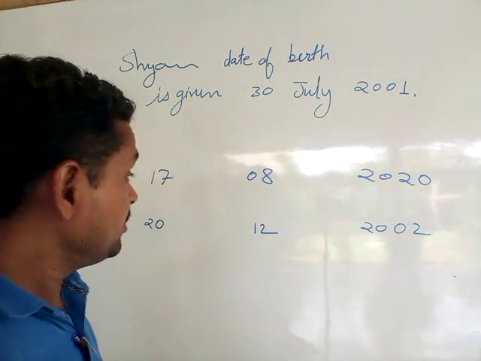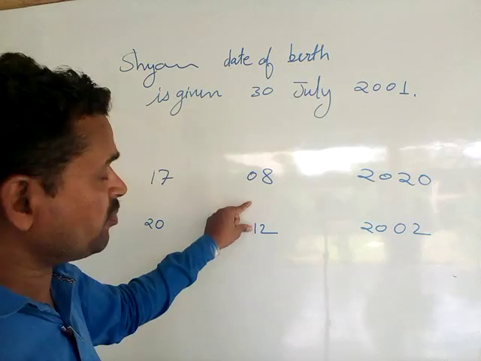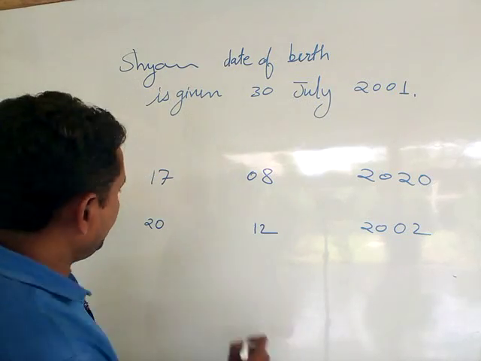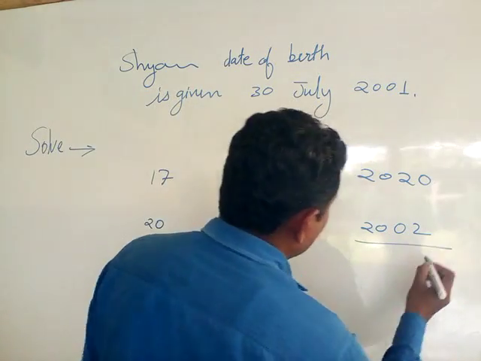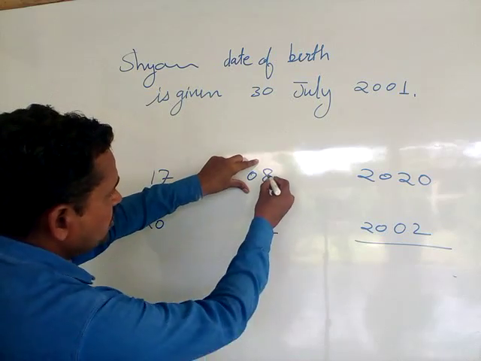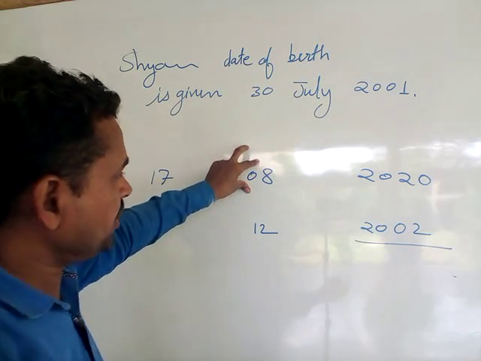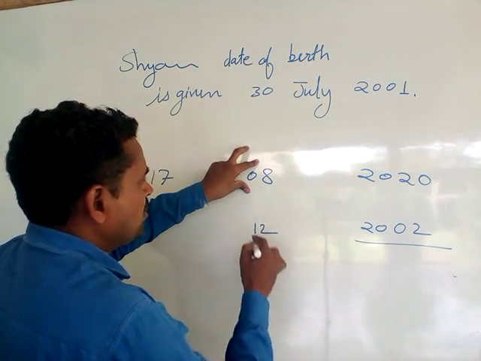How can you calculate? Because you cannot deduct 12 from 8, since this is a smaller number than 12, you have to find another number.